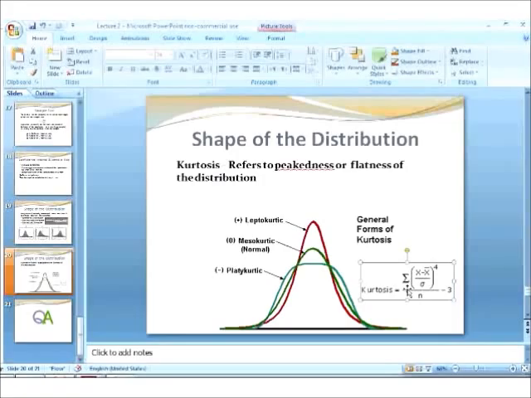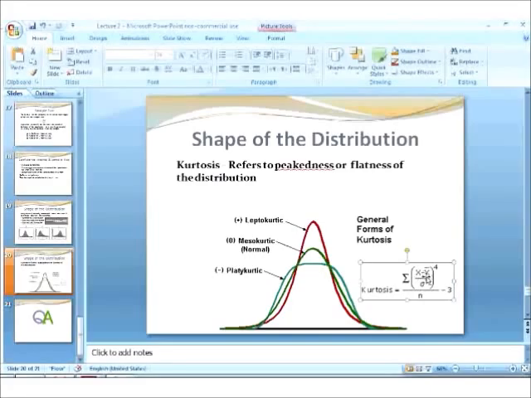So we measure anything in terms of whether it's +3 or -3. We always subtract 3, where 3 is the kurtosis of the normally distributed data set. This is the equation that we use to compute the kurtosis. So x minus x prime, where x is any data point 1, 2, 3, 4, 5, 6, and all the data points that we have in our data set.